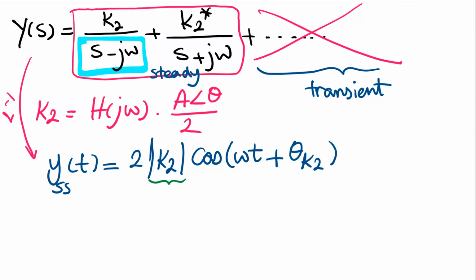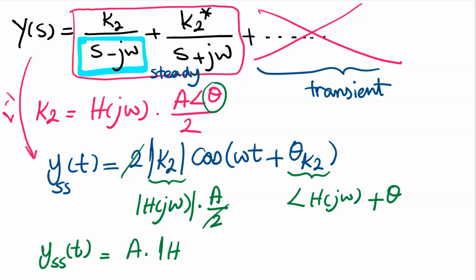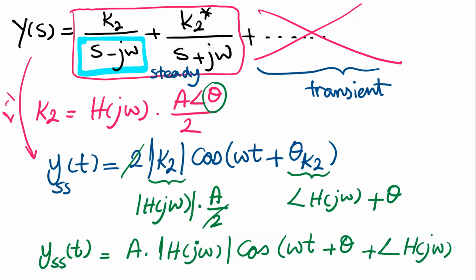So its magnitude is equal to the magnitude of H(jω) multiplied by A over 2, and its angle is equal to the angle of H(jω) plus θ. Now these two cancel out, so I can describe my steady state response as A multiplied by the magnitude of H at jω multiplied by cosine of ωt plus θ plus the angle of H(jω).